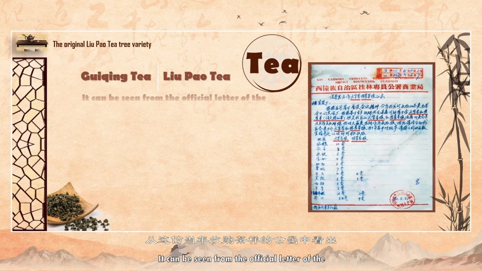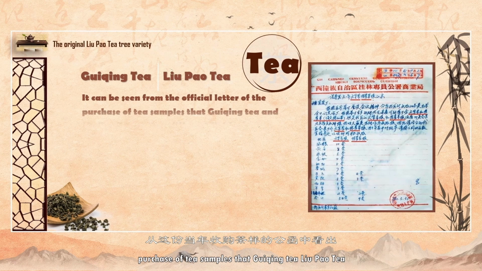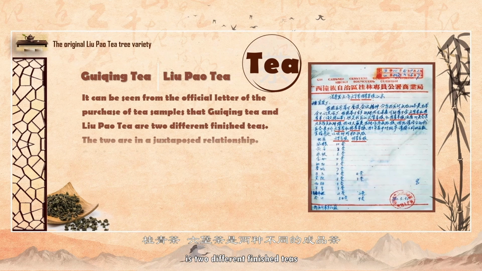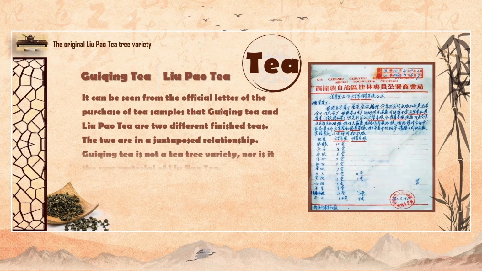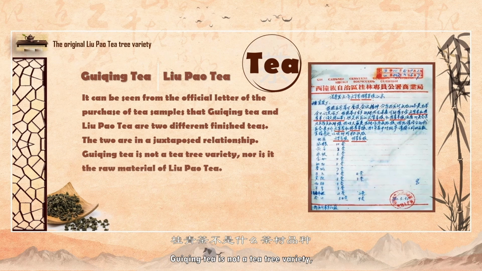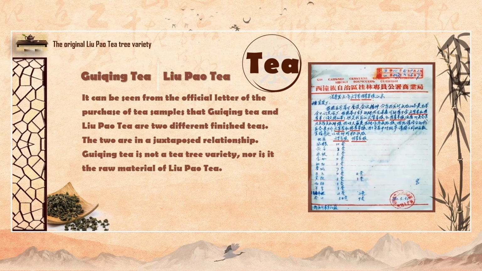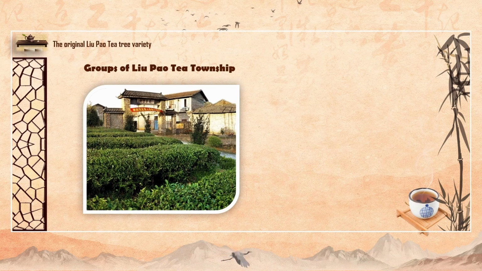It can be seen from the official letter on the purchase of tea samples that Gui Qing tea and Liu Bao tea are two different finished teas. The two are juxtaposed. Gui Qing tea is not a tea tree variety, nor is it the raw material tea tree variety of Liu Bao tea.